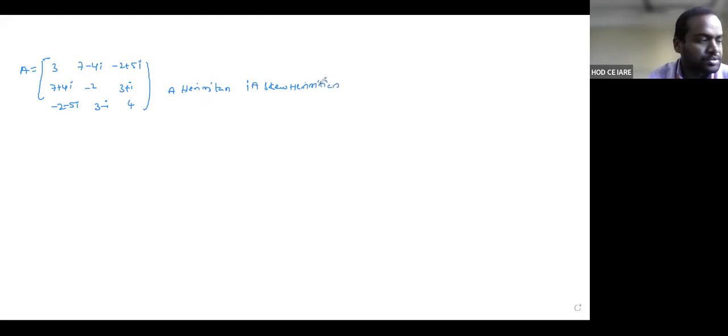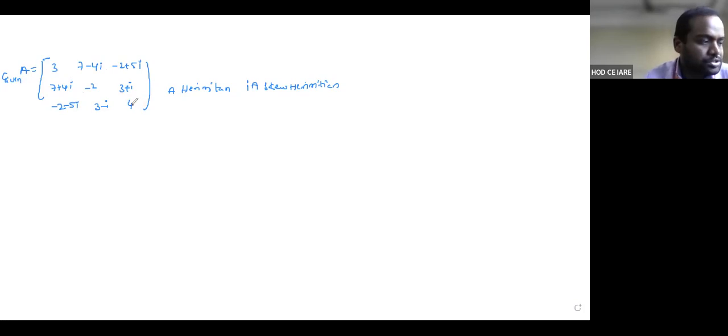Here they have given the matrix A, equal to 3, 7 minus 4i, minus 2 plus 5i; 7 plus 4i, minus 2, 3 plus i; minus 2 minus 5i, 3 minus i, 4.